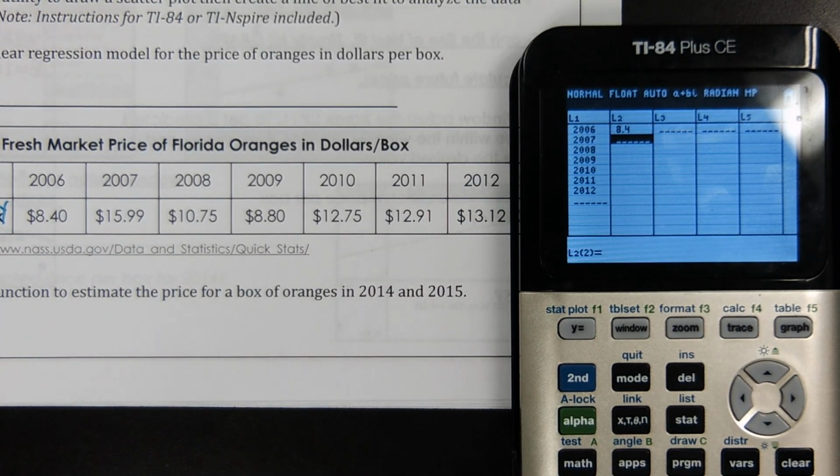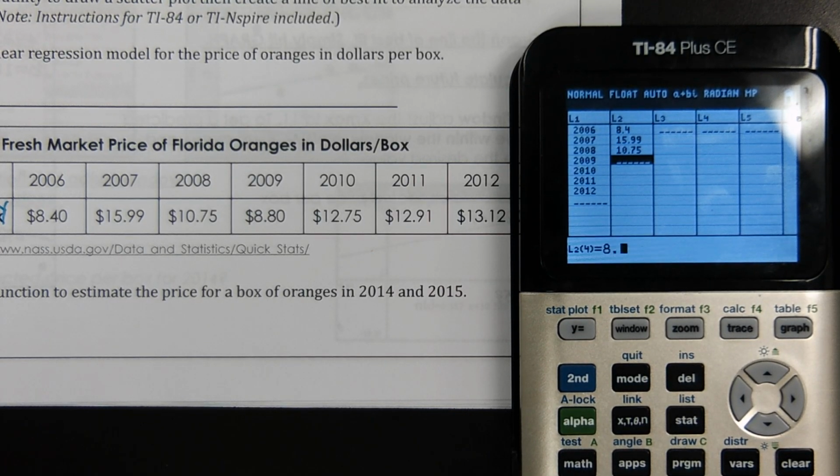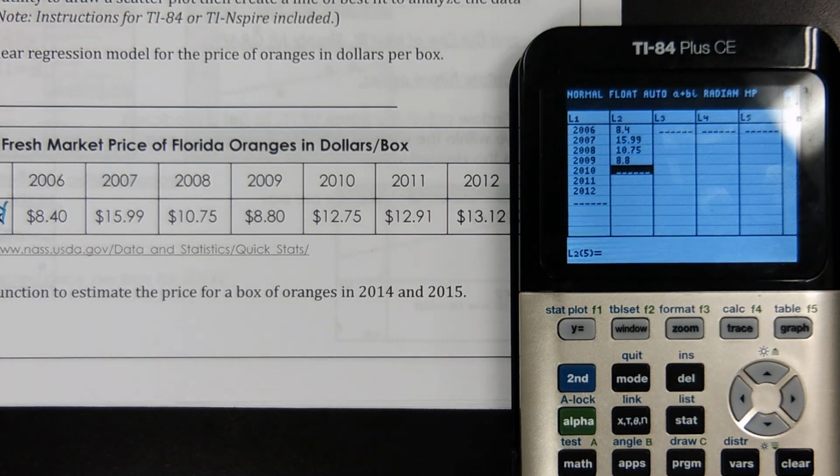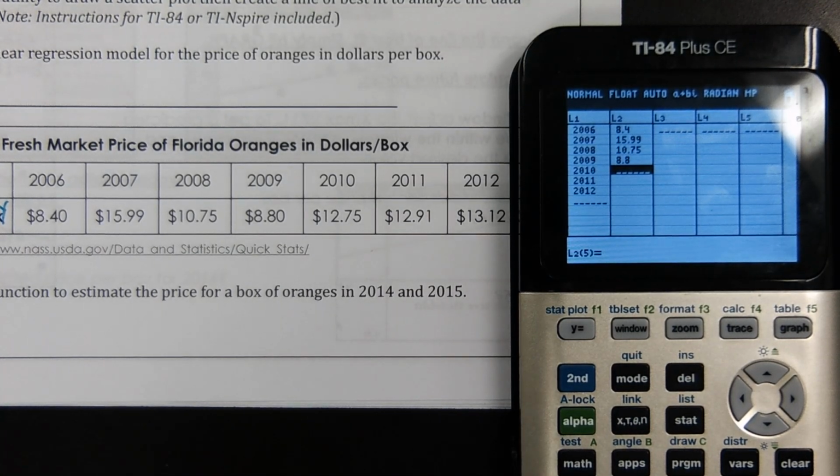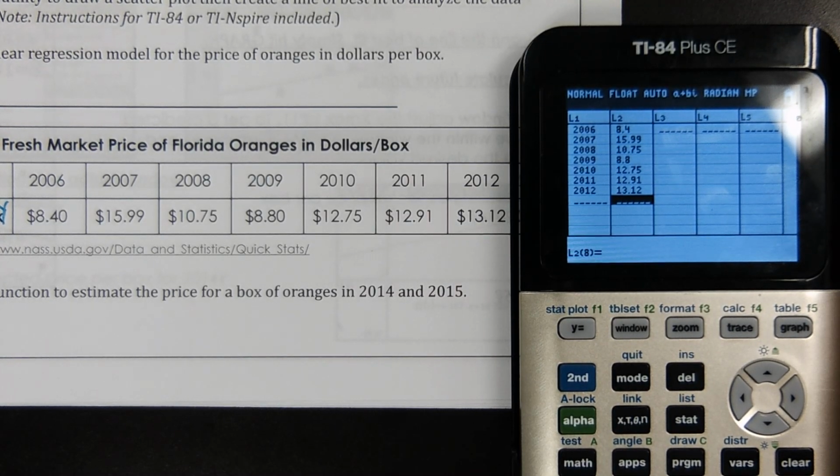The calculator doesn't know you're typing dollars. There it is. We've been tasked with coming up with an equation for this. Obviously, we're going to let the calculator do it for us.